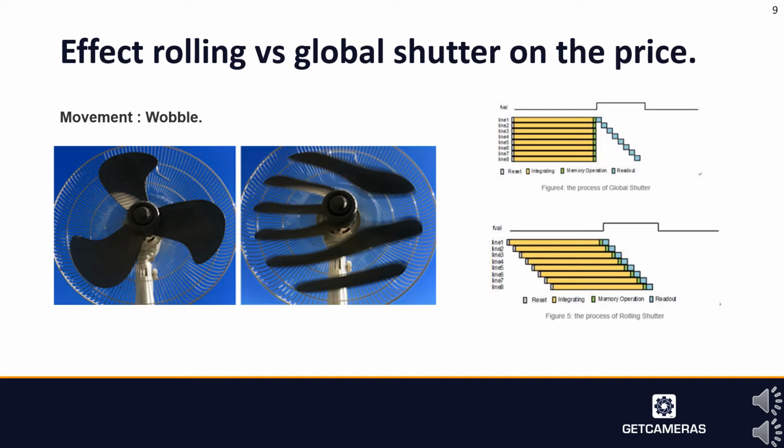It is worth mentioning when budget is critical, for instance for high volume projects or combined with high resolution needs, where the price gap between global and rolling shutter sensors is very big, it is possible to use a rolling shutter also for moving objects with some limitation.